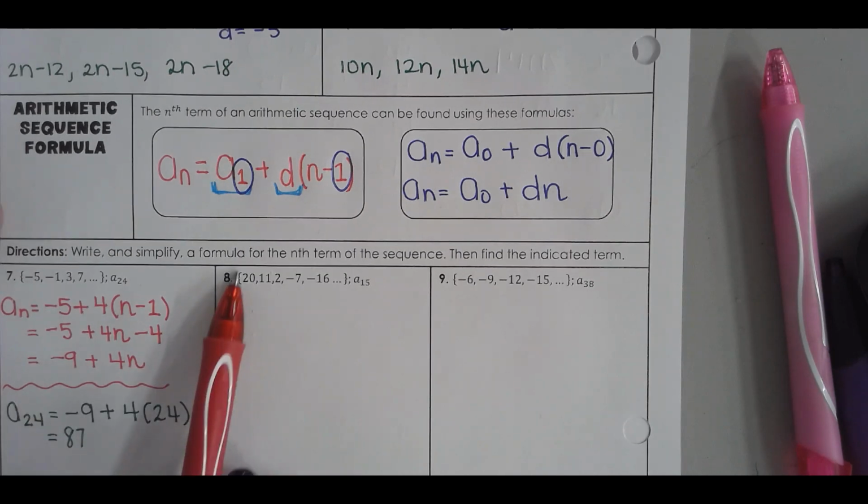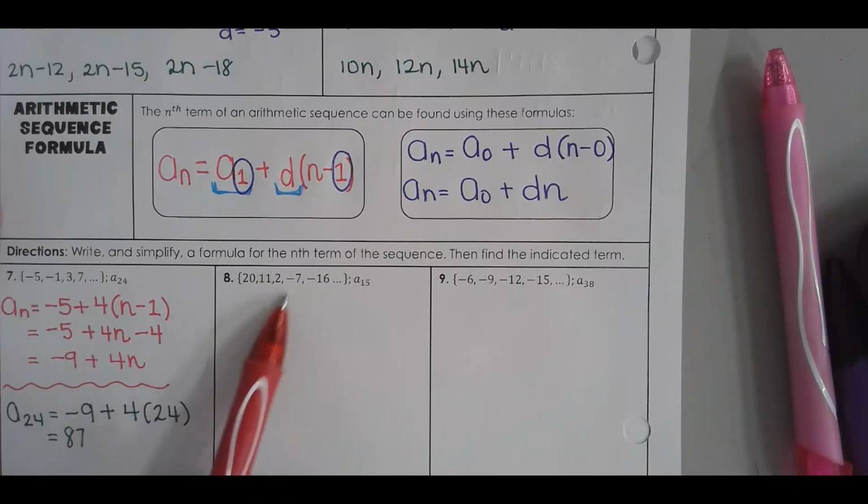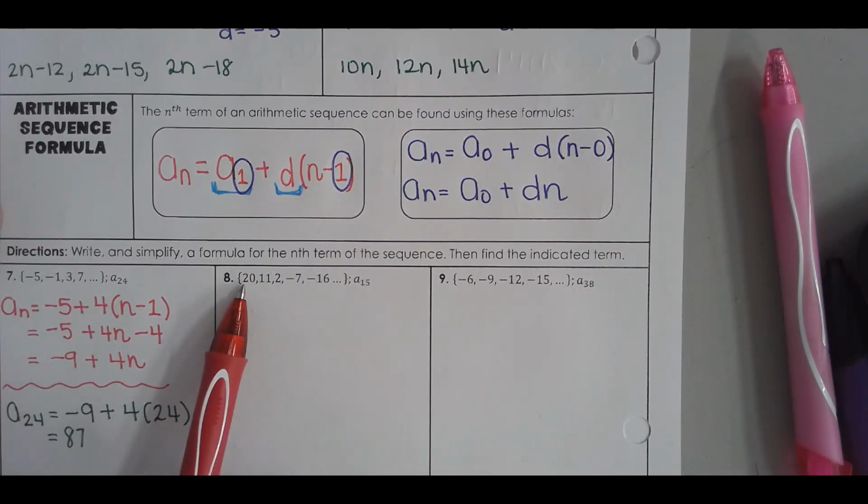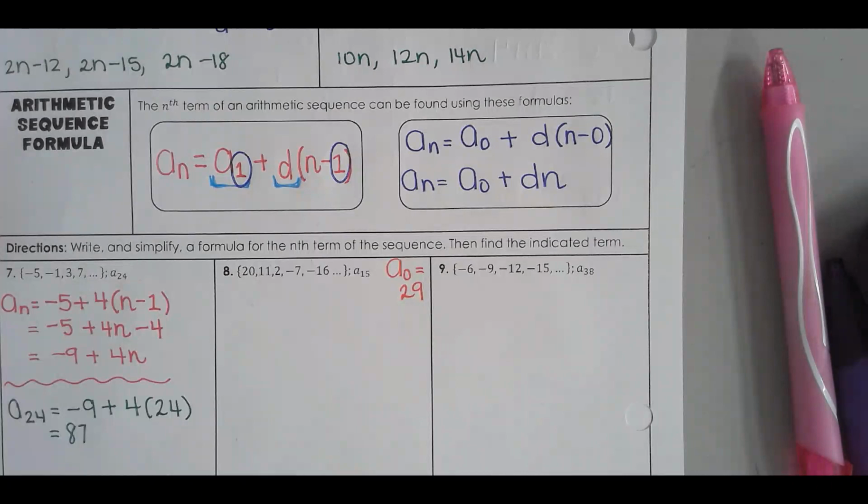So what would my 0 term be? 29. When I'm subtracting 9, the one before 20 would have to be a 29. I'm just going to make that note.